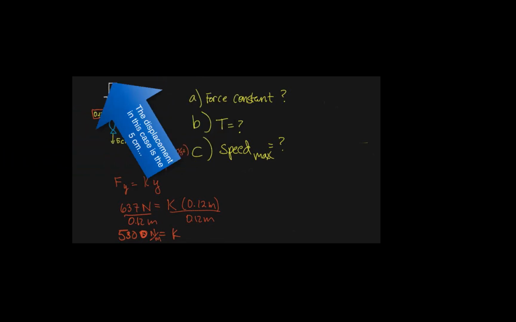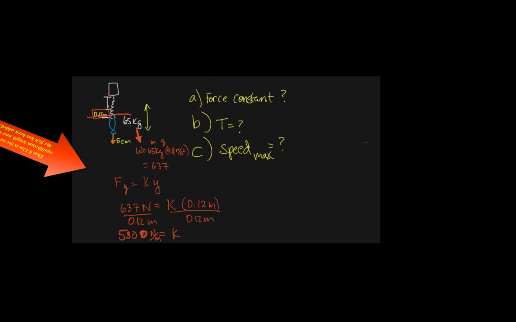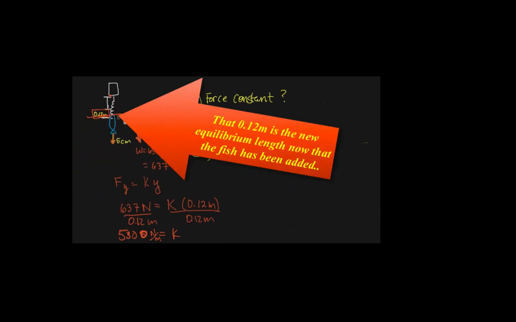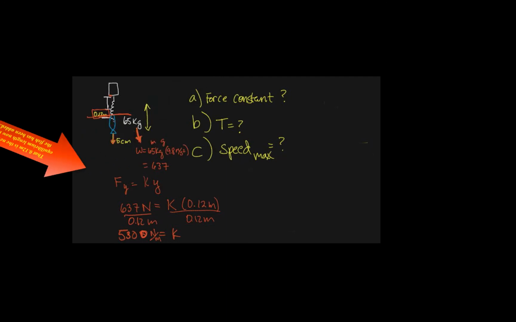You have to think about it this way: the point that the fish naturally wants to rest is right here at that 0.12. So if I pull it down a little bit, it's going to bob up and down on either side of that 0.12 meters away from whatever it's attached to. So the amplitude itself would be the 5 centimeters.